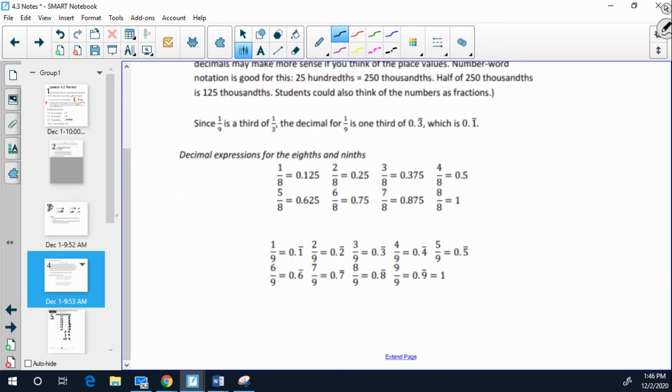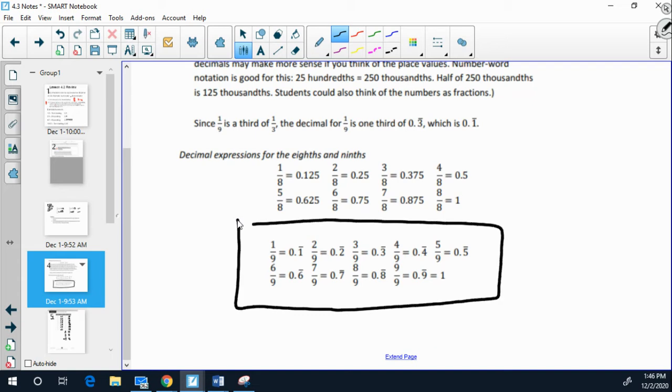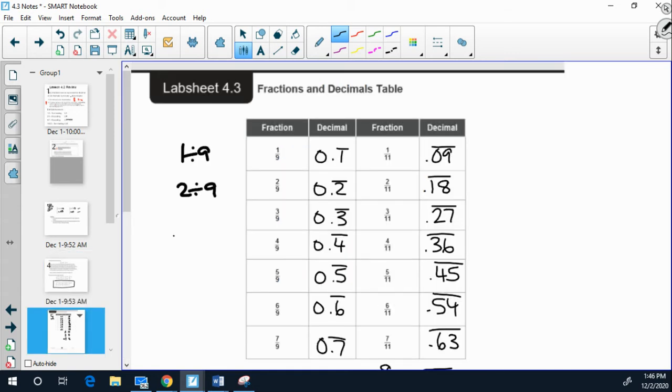So, looking right down here in this section, and I'll show it again on a table in just a moment, hopefully the other day you noticed that with ninths, whatever is repeating is the numerator over 9. So we can kind of convert back and forth on those types of problems. So let me show now on this larger version, looking just at the ninths section.